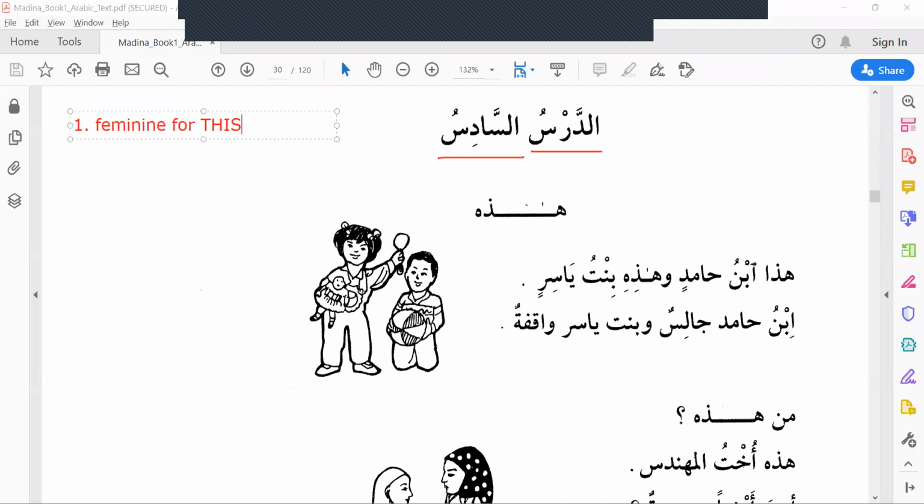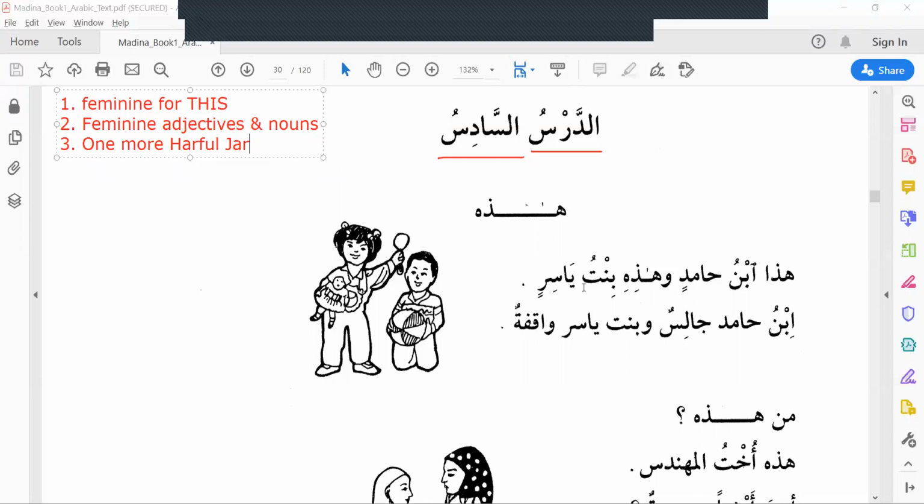Secondly, feminine adjectives and nouns. Third, one more harful jar. These three we will learn in this lesson.